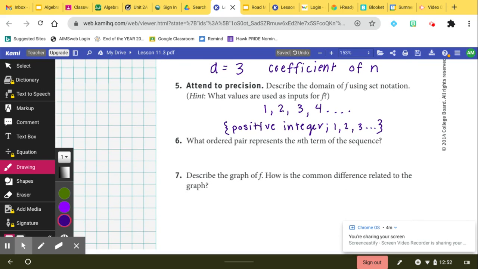Then it says, what ordered pair represents the nth term of the sequence? So n is the position it's in, so that's part of my domain. So that would be n. And then the output would be the 7 plus 3 times n minus 1, or 4 plus 3n, because that would give me the term in that position. It gives me the term number it's in, and then this would be the term in that position.